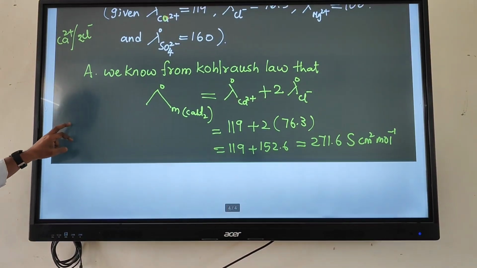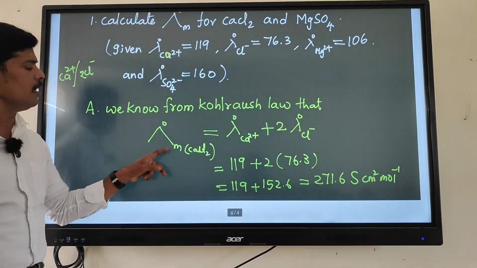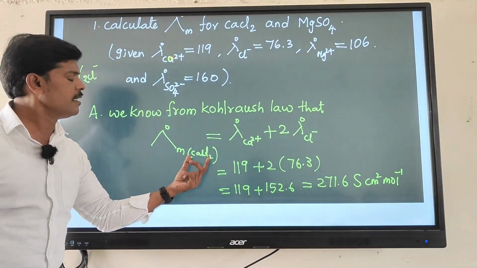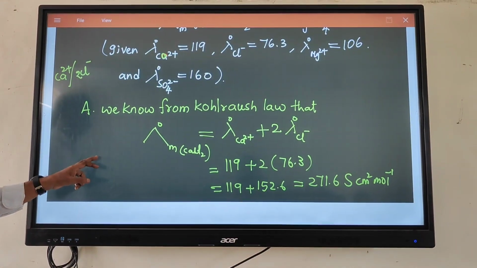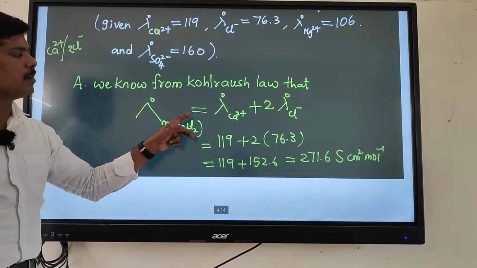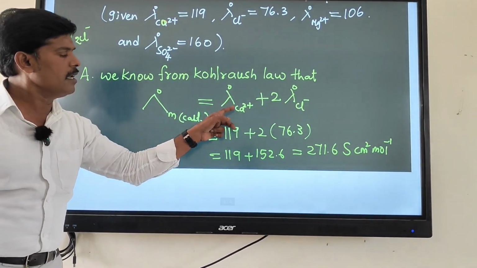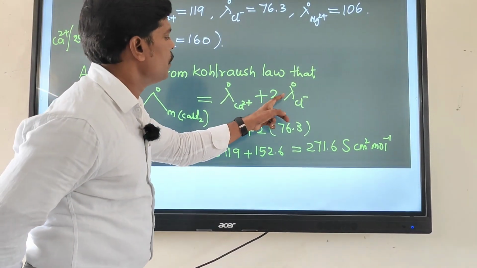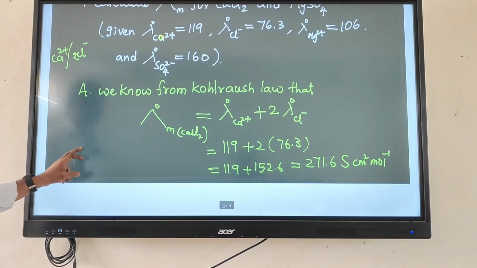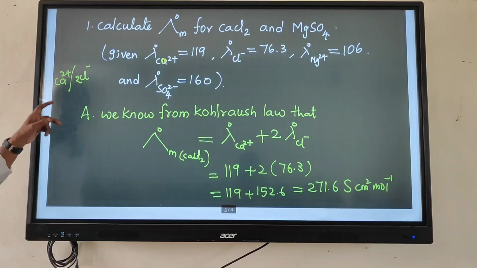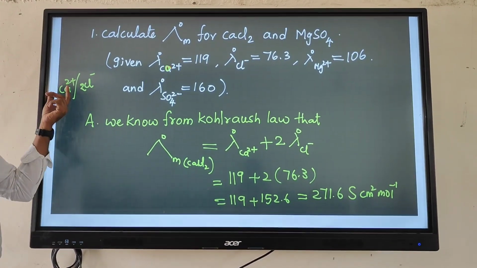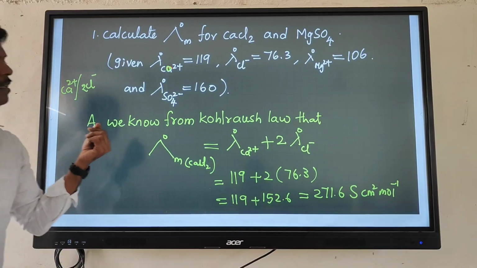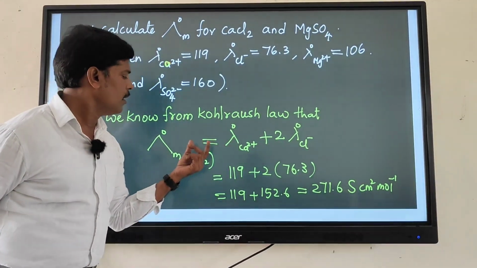We know from Kohlrausch law, lambda m naught for CaCl2, the molar conductivity at infinite dilution for calcium chloride, is equal to lambda naught Ca2+ plus 2 into lambda naught Cl minus, because CaCl2 has ions Ca2+ and 2 Cl minus. That's why we get 2 here.